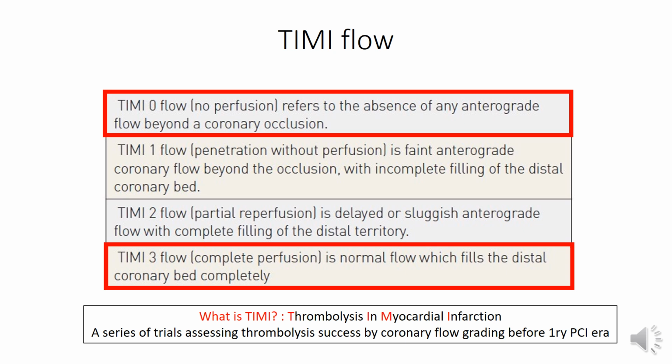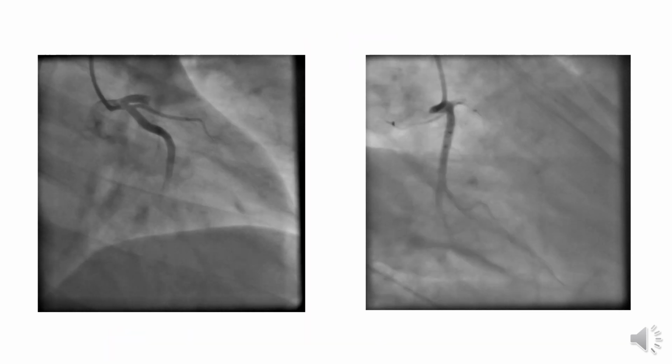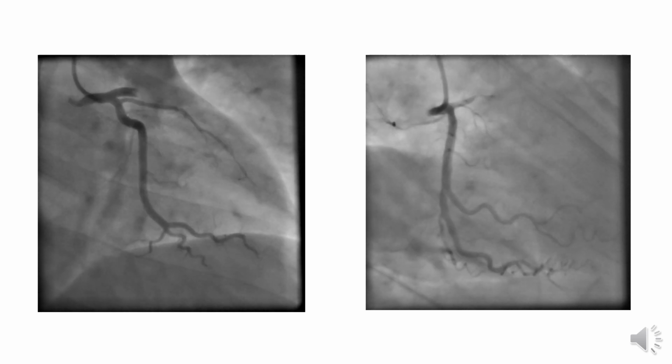If we have full penetration of dye till the end of the vessel but sluggish or delayed in comparison with, for example, if we are assessing the LAD in comparison with the circumflex, this is TIMI 2 flow. If the flow is rapid from proximal to distal, which is the normal one, it is TIMI 3 flow. And here are examples of the different grades of flow.